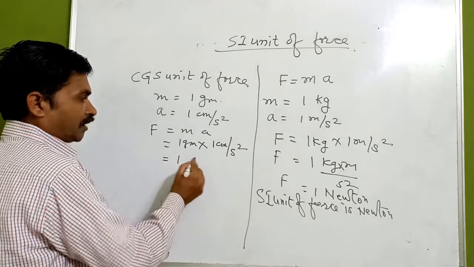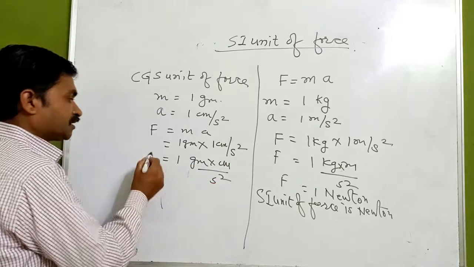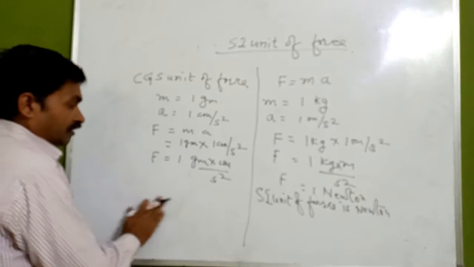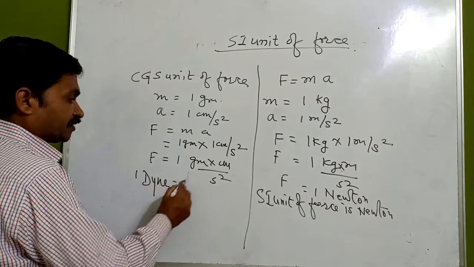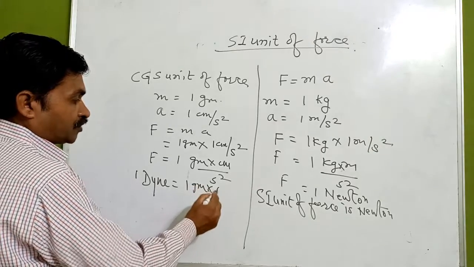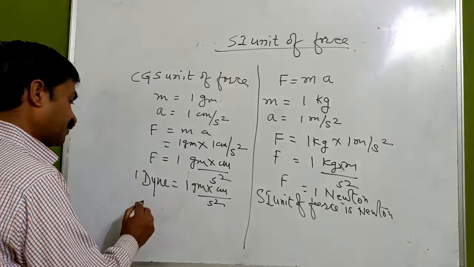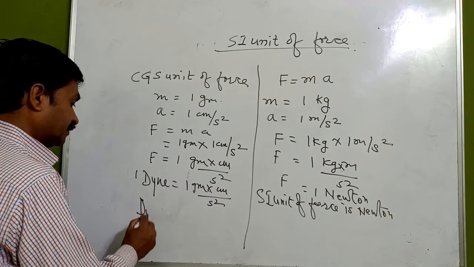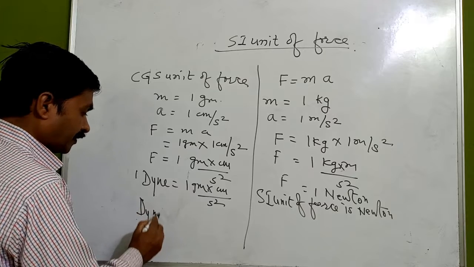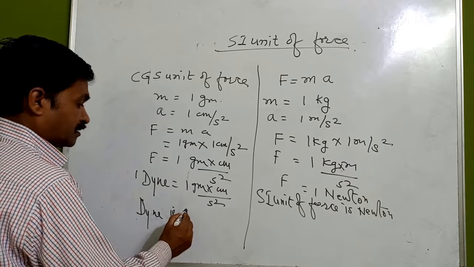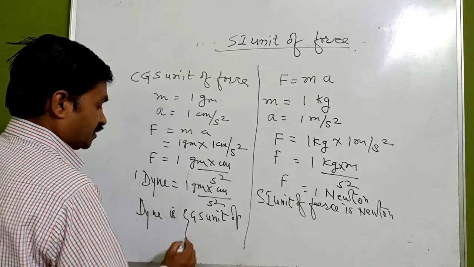So it is 1 gram centimeter per second square. This is the unit, and we call it a dyne, which is 1 gram into centimeter upon second square. Means the dyne is the CGS unit of force.